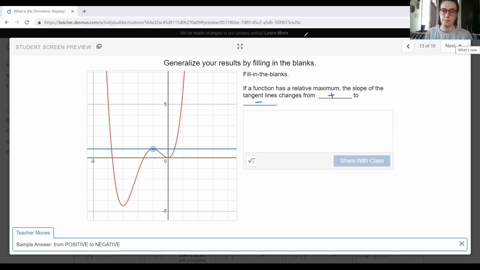That would be a maximum, because the slope of the tangent line is positive before, then it's 0 at the max, and then it changes to negative after. And of course, minimum would be the opposite, because we have a negative slope hit 0, and then it becomes a positive slope. Okay. So this is what you've already figured out on your own.